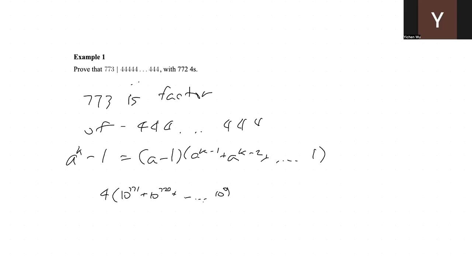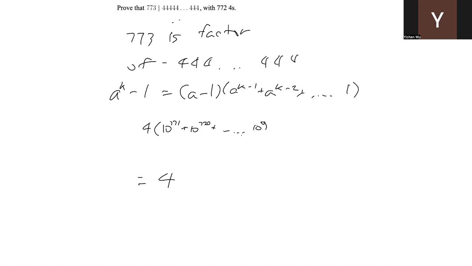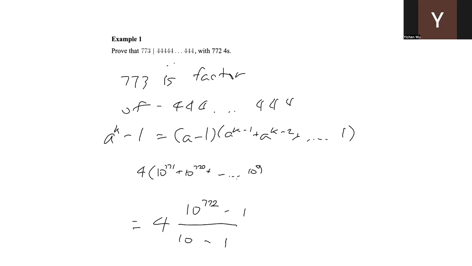So here we can rewrite this as 4 times 10 to the 772 minus 1 over 10 minus 1. Now, clearly here, this 4 is irrelevant. Also, I will just point out that this 773 is prime, I think.